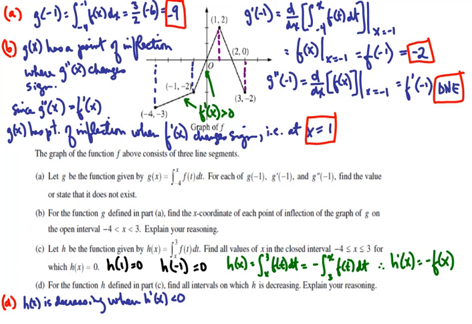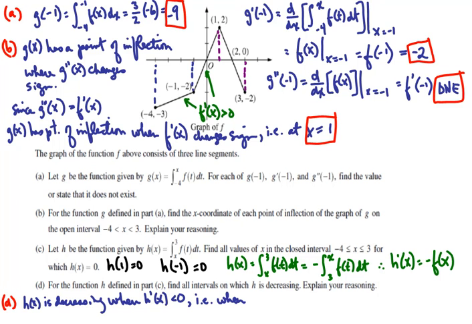So what we wind up with is that h of x is the integral from x to 3, but if we want to take the derivative of that, we have to swap the 3 and the x, and then that's equal to the negative integral, the opposite of the integral from 3 to x of f of t dt. And h prime of x then is equal to the negative of f of x.